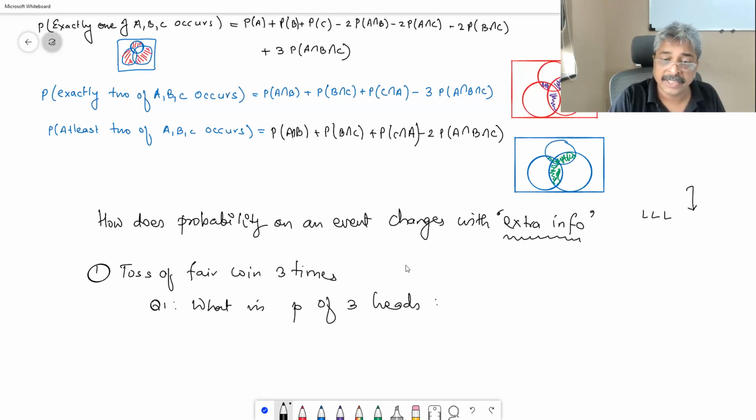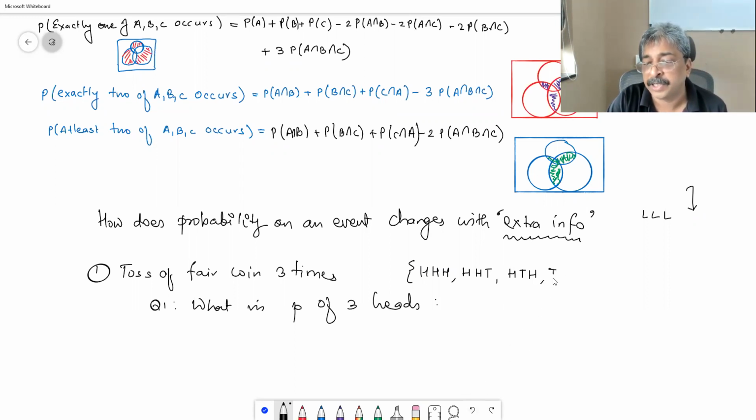Let me write down the complete sample space. H, H, H, H, H, T, H, T, H, sorry, I don't know how it should be written, but I am writing it some way.